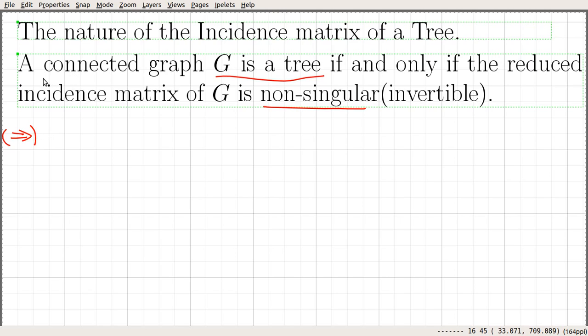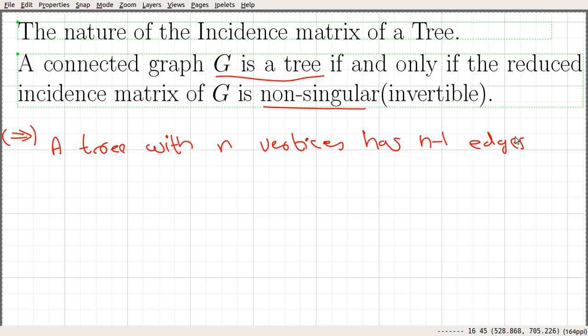So we are going to prove that if G is a tree, then the reduced incident matrix of G is non-singular. We know that a tree with n vertices has n minus 1 edges. That is by definition: a tree is nothing but an acyclic connected graph.